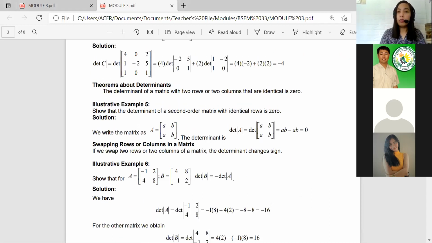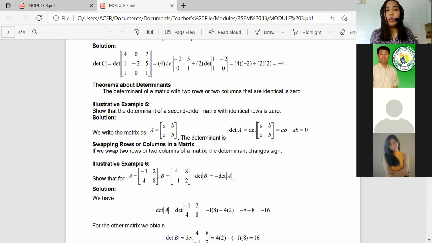Next is swapping rows or columns in a matrix. When we say swap, pagpapalitin nyo. If we swap two rows or two columns of a matrix, the determinant changes sign. Nagpapalit daw. So, ibig sabihin, given two matrices, pag kinuha mo, kasi ito negative 1, 2, row 1 sa matrix A. Sa matrix B, second row siya.